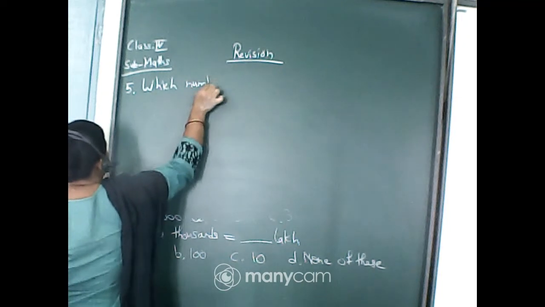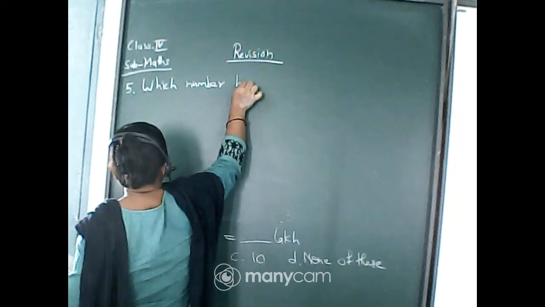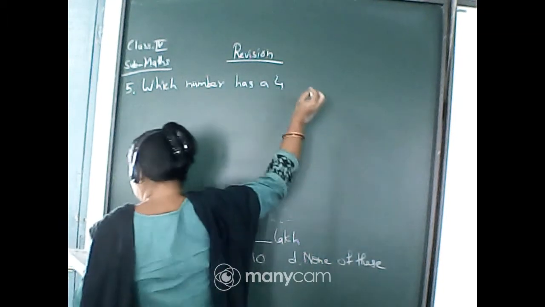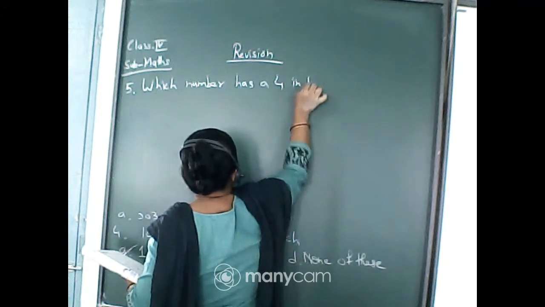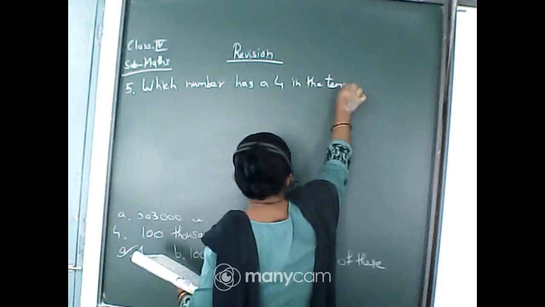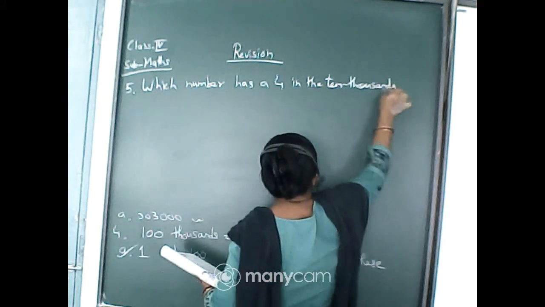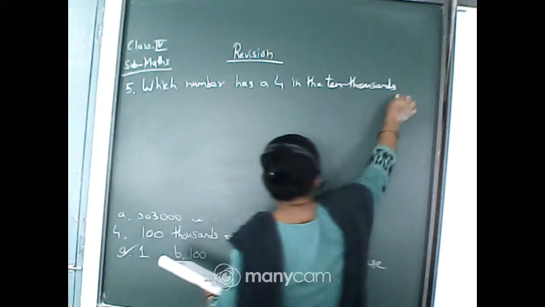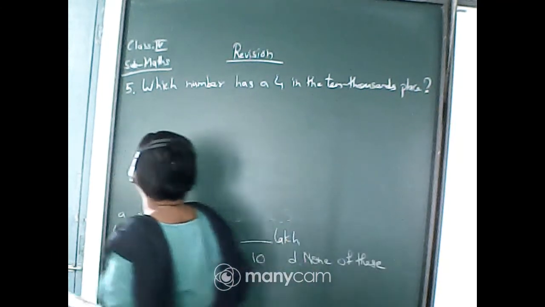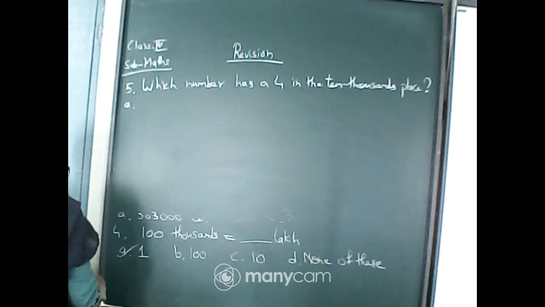Which number has a 4 in the 10,000s place?